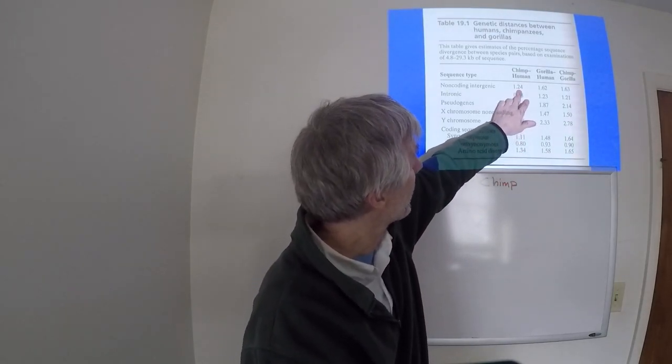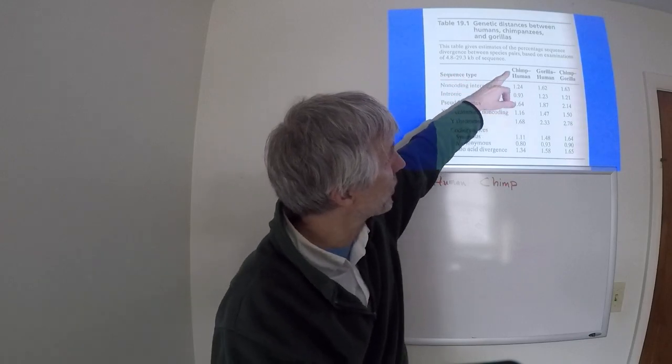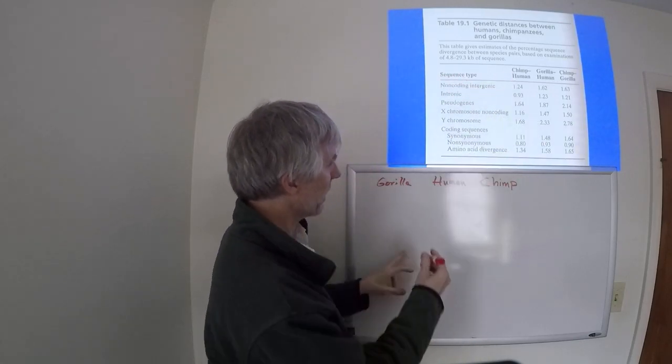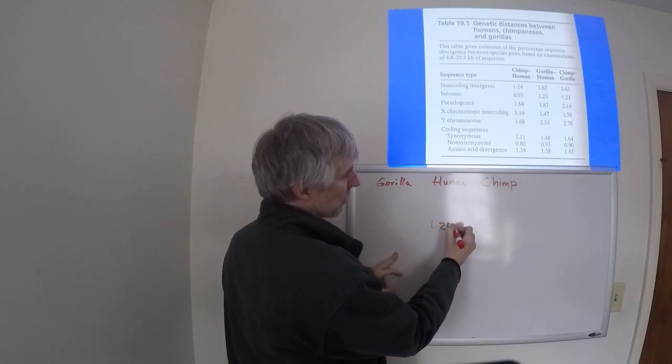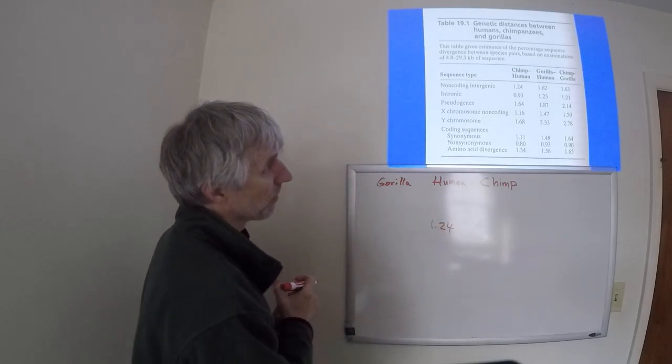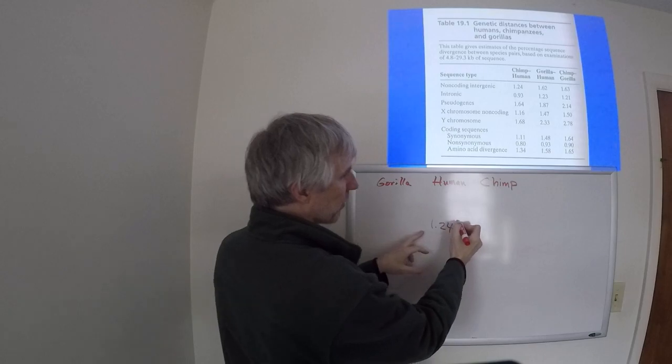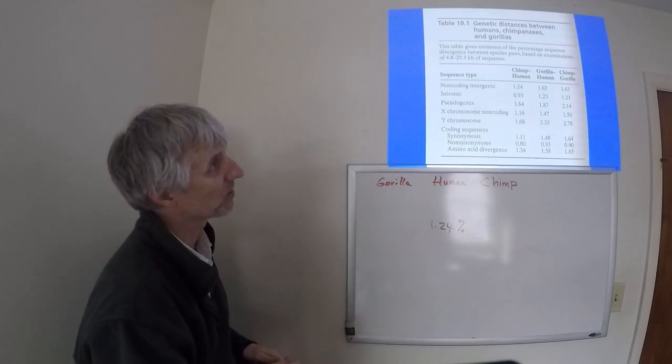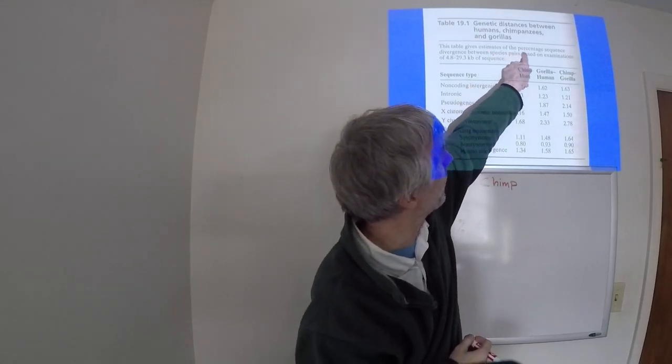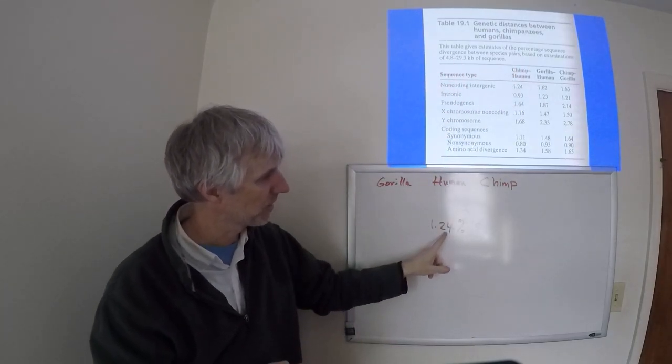So this says that the genetic distance between chimps and humans is 1.24, right? Which would be 1.24%, because this is percentage sequence divergence.